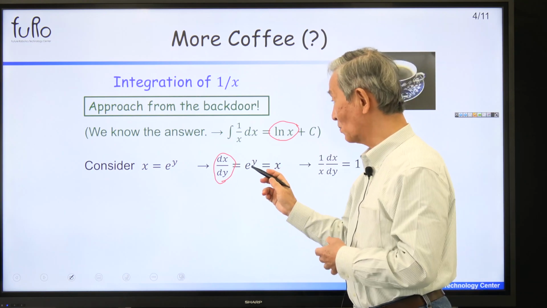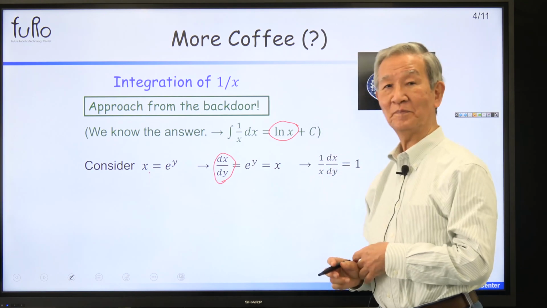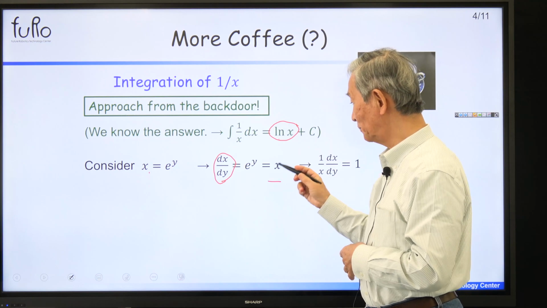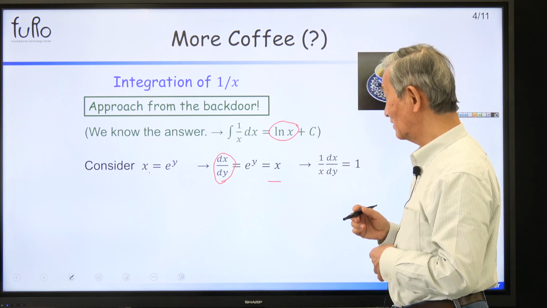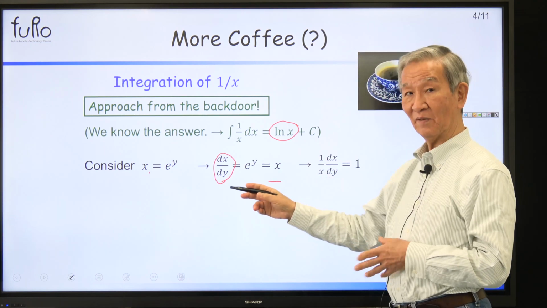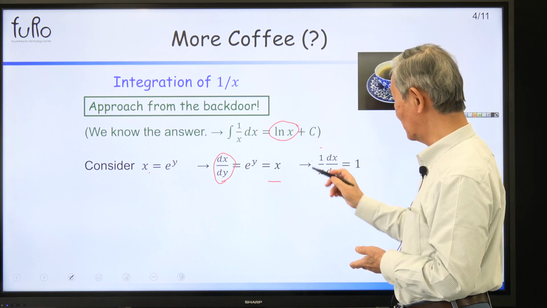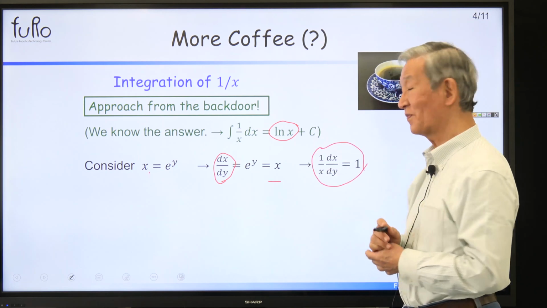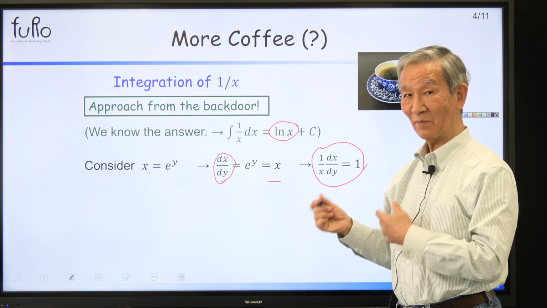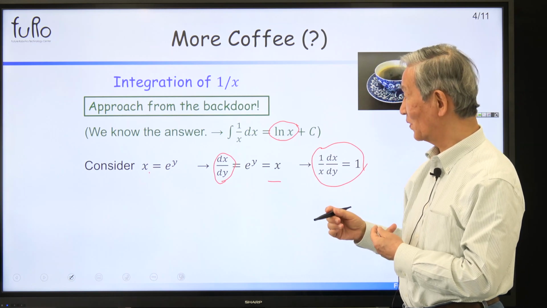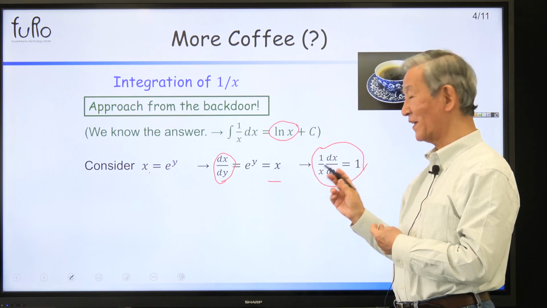And e to the y is what? That's x. So this is what you got. And from this one here, you can divide both sides by x, and you get this relationship. You know why I'm getting this relationship, right? Because you want to integrate 1 over x.